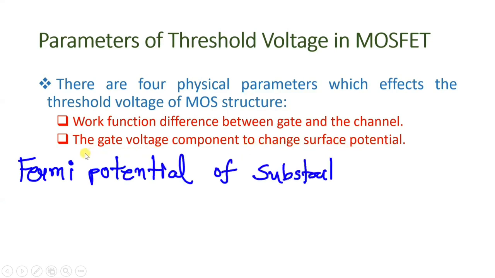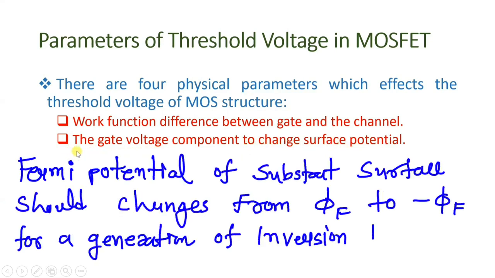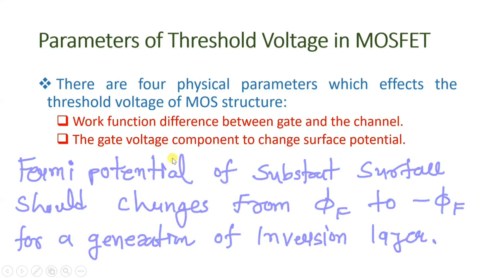To have generation of inversion layer, the Fermi potential of the surface should change from phi f to minus phi f, right? So this is the second point, which explains the gate voltage component to change surface potential. In the derivation you will get exactly what this component is, and I have already explained in the formation of inversion layer that the Fermi potential should change from phi f to minus phi f. So that is the gate voltage component that will affect threshold voltage.